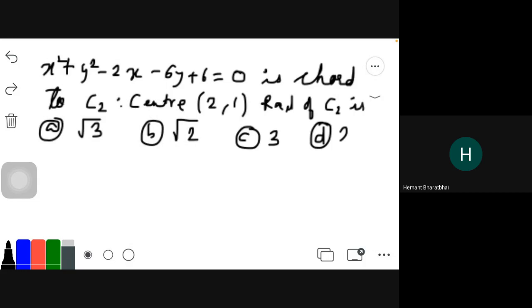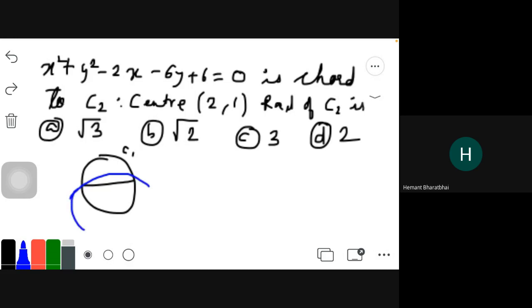So there is one circle whose equation is given, and the diameter of this circle. So I am drawing this circle. This is my circle C1, and the diameter of this circle becomes the chord of another circle. So there is one more circle C2, and the diameter of this first circle is becoming the chord of this second circle.